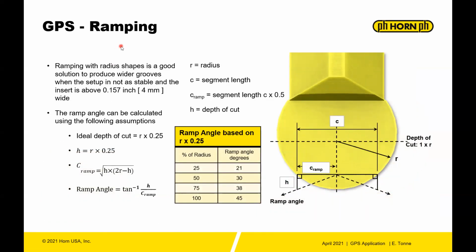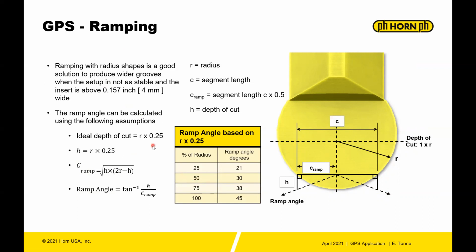The other calculation that might not be obvious, but possibly necessary, depending on your CAM system, your computer-aided manufacturing system, is how to calculate a ramp angle on a radius insert.